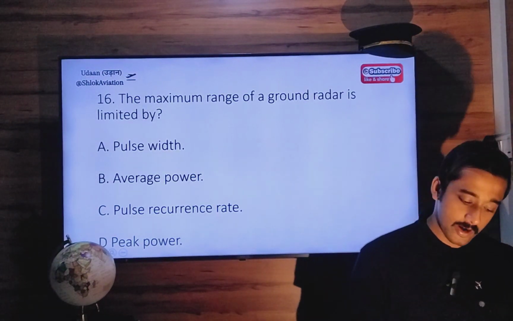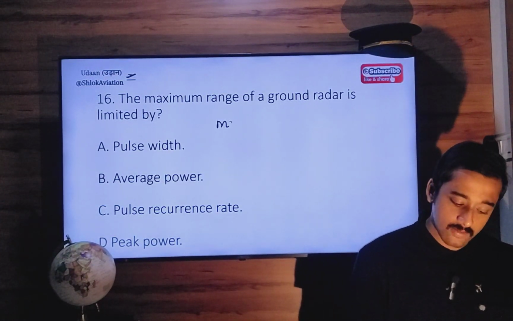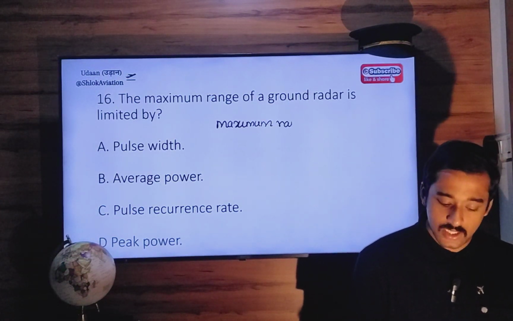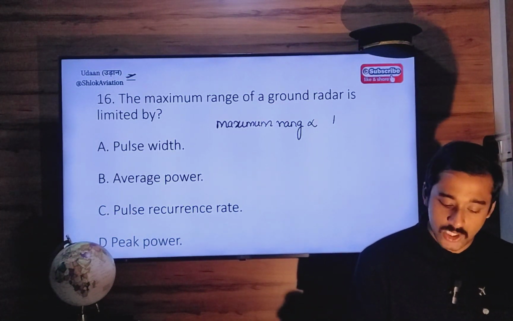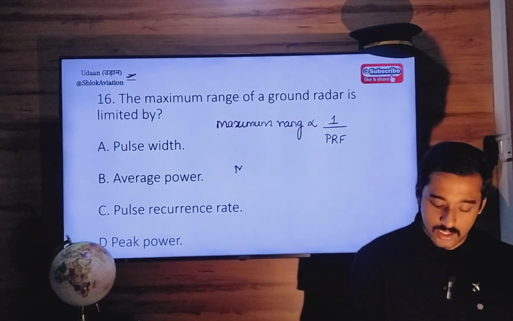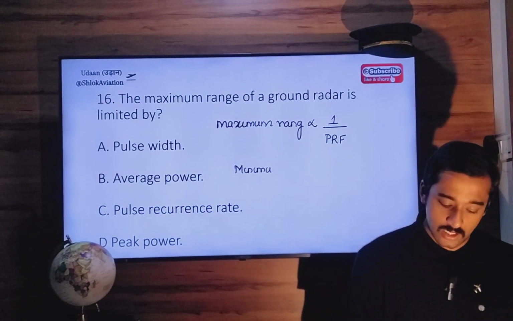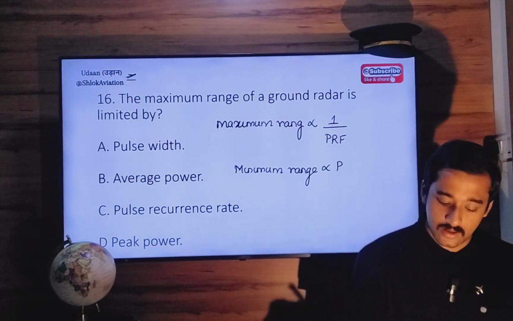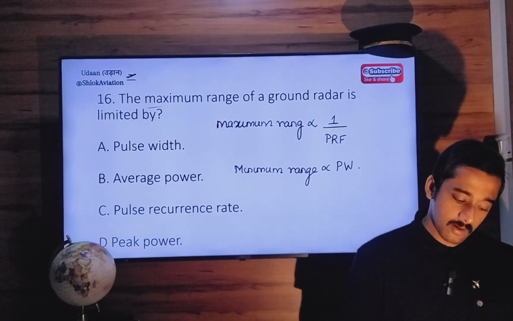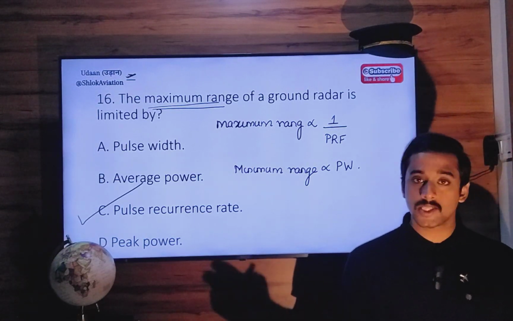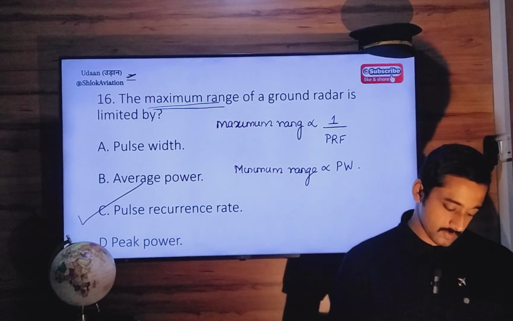Now, a very important point. I have covered this many times in many different lectures based on radar. Maximum range is inversely proportional to pulse recurrence frequency. Minimum range is directly proportional to pulse width. So over here maximum range will be limited by pulse recurrence rate or pulse recurrence frequency.